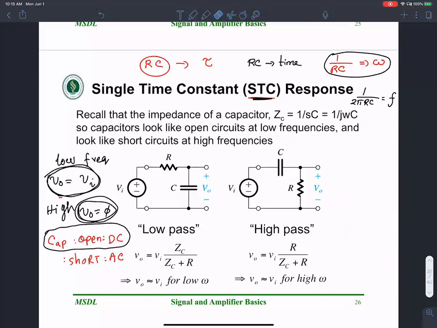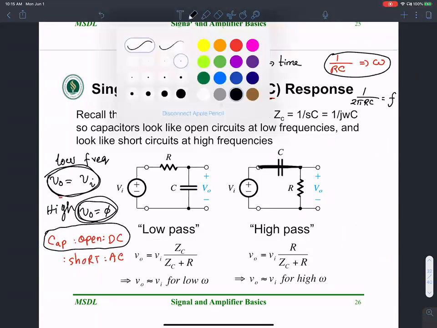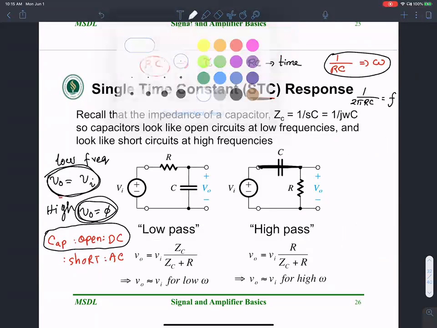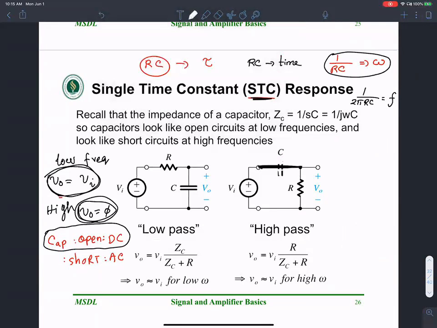The one shown on the right is a high pass circuit, because a very easy way to understand is what happens at really high frequencies, at extremes. At really high frequencies, the capacitance acts as a short, and all the voltage that is applied here drops through the resistance.